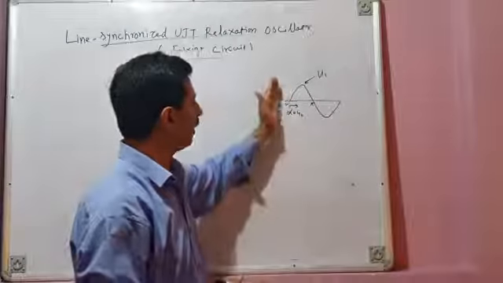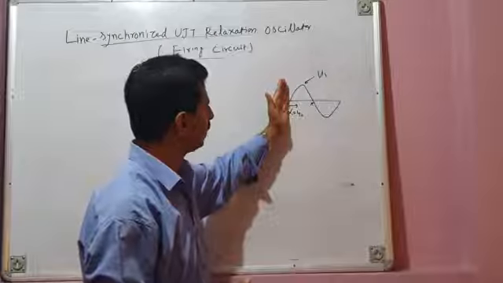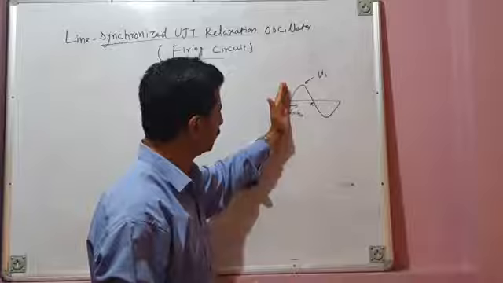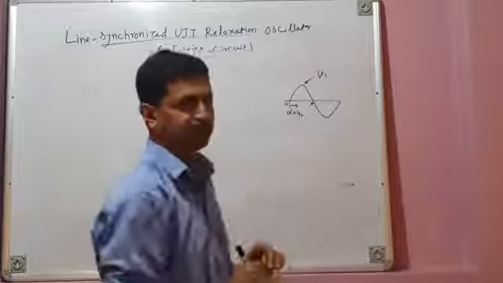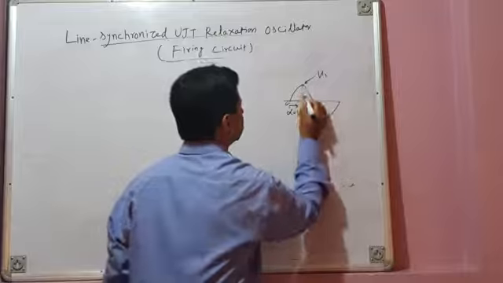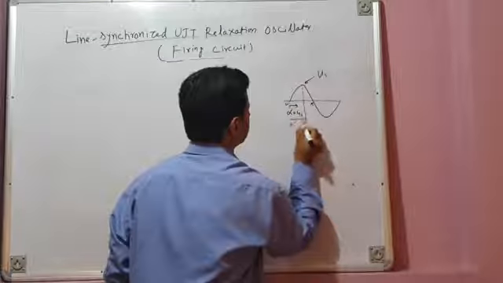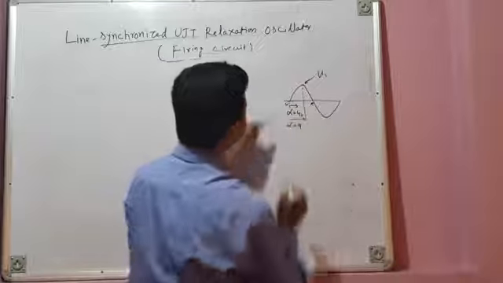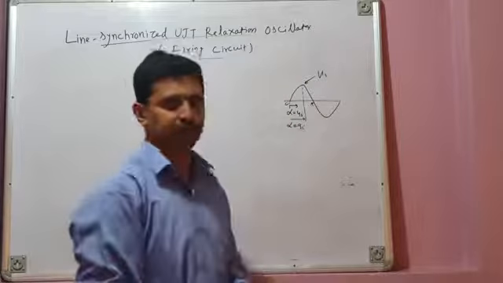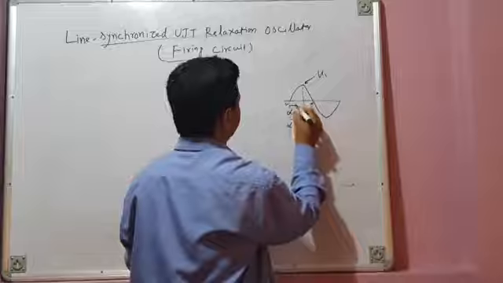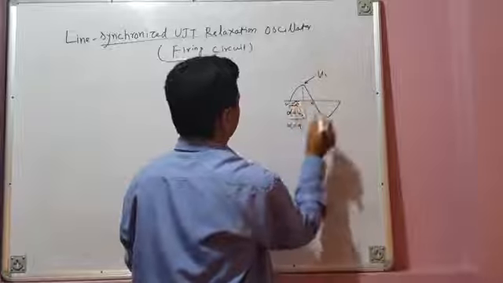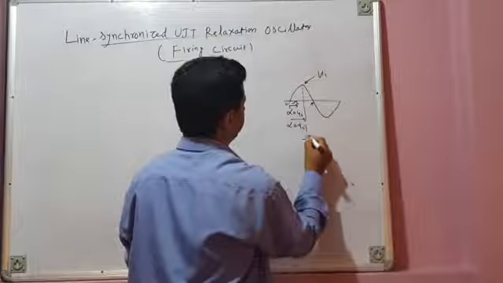When I say alpha is 40 degrees, you start measuring alpha from the 0 crossing. So from here to here it is 40 degrees. If alpha is 90 degrees, you again start measuring from the 0 crossing. So if alpha is 40 degrees, you issue the firing pulse here, and if alpha is 90 degrees, you issue the firing pulse here.